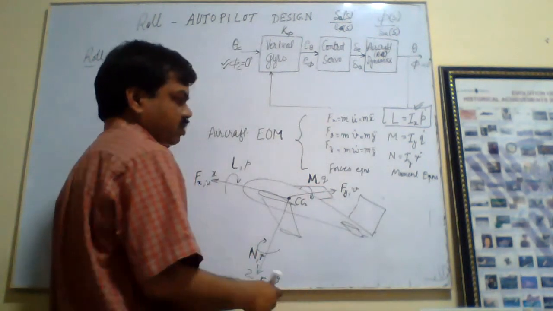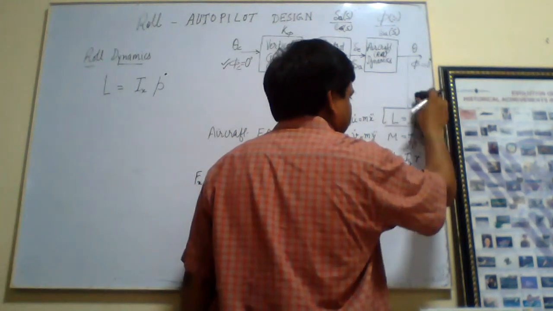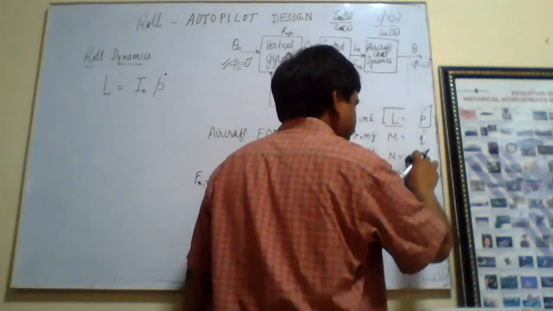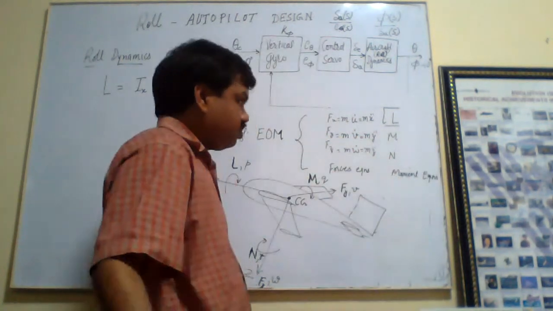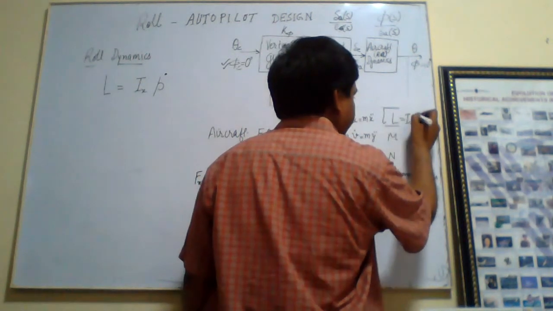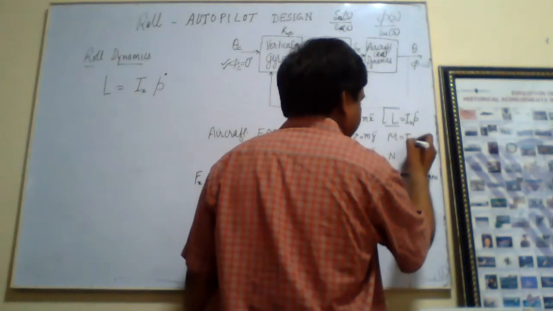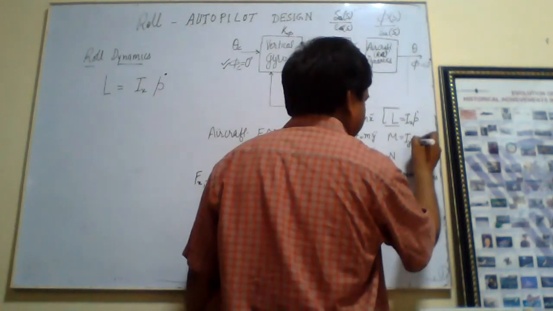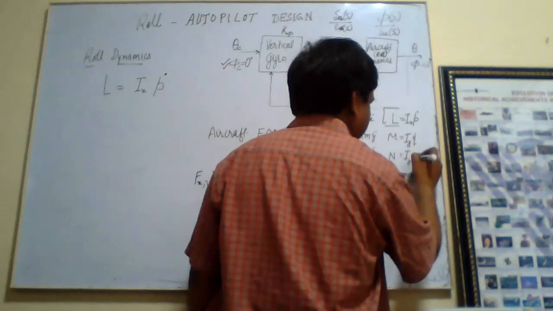Similarly, in this case, if I write it in smaller letters so that I create some space, this is my original. This is about y, u dot, this is about z, r dot.